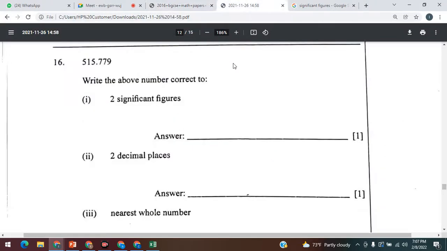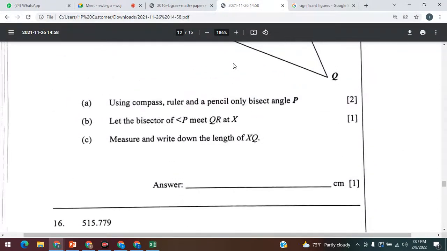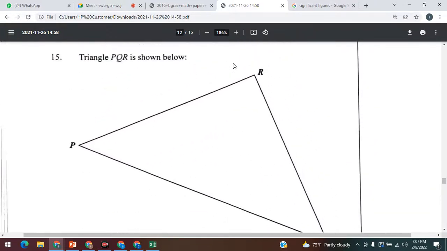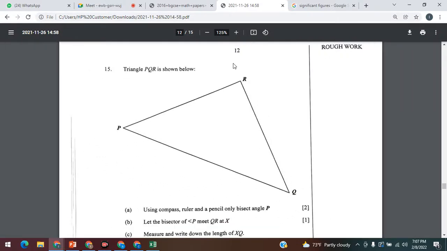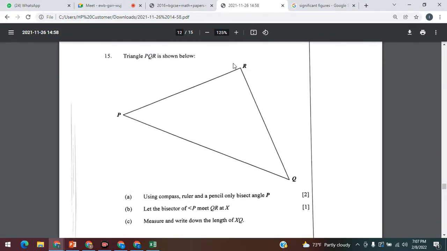All right, so let's consider geometry. Our favorite, right? Your favorite. Okay, so the only issue with this question is that I don't have the actual paper, so I'll have to draw my own triangle and show you how you would do it if this question came up.